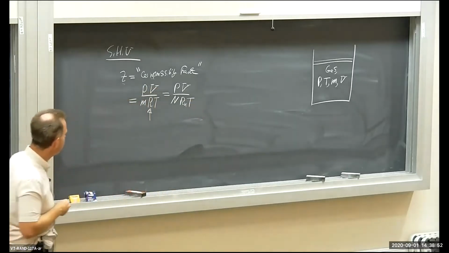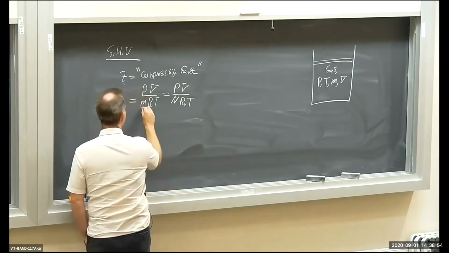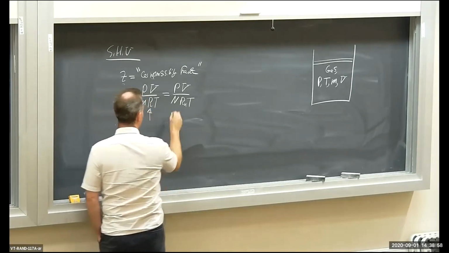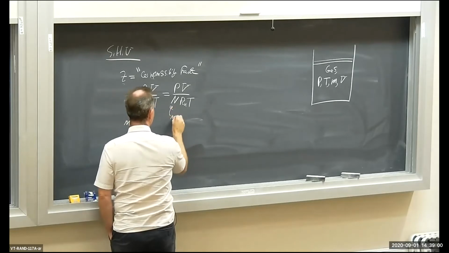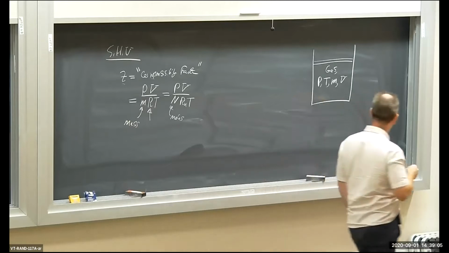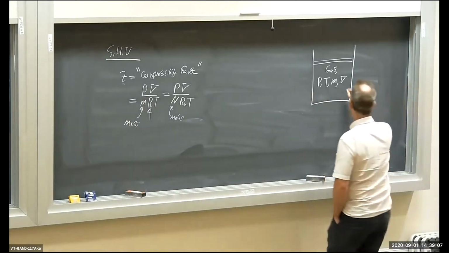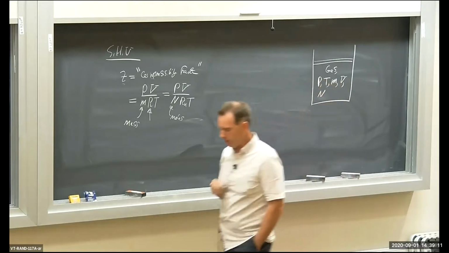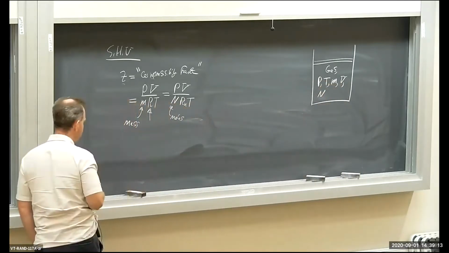So we have two different versions here, one involving the mass and one involving moles, the number of moles or molecules. So we could have N moles inside of our container of gas as well.